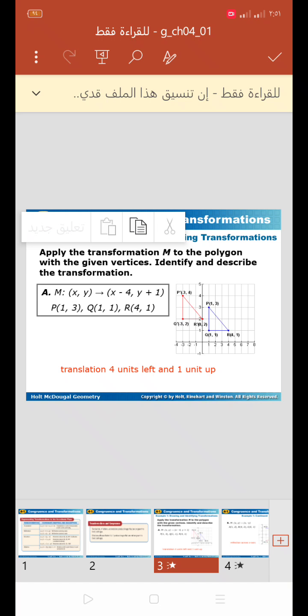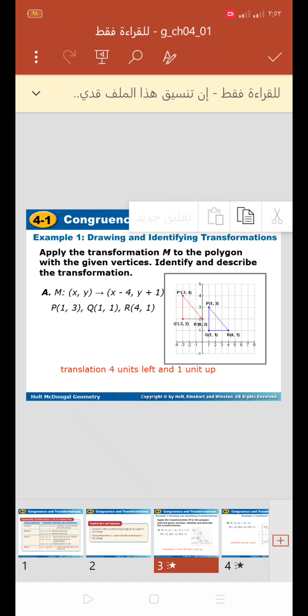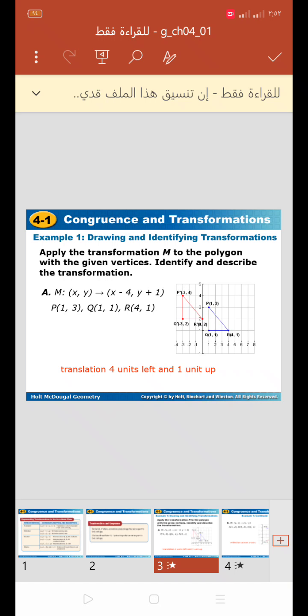For example, the point is (1, 3). For P dash, you subtract 4 from x and add 1 to y. 1 minus 4 is negative 3, and 3 plus 1 is 4. So P dash is (negative 3, 4).